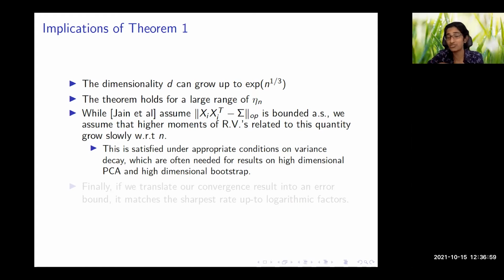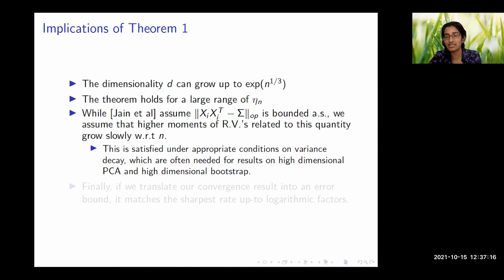That's where you can actually do anything in even high dimensional PCA. What we need instead is that the expectation of that thing squared has to grow slowly. And why will that ever be satisfied?